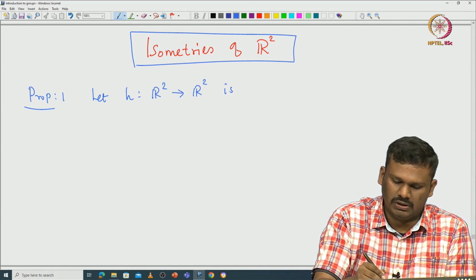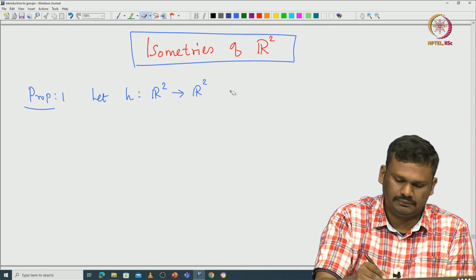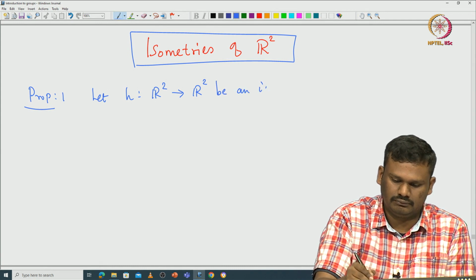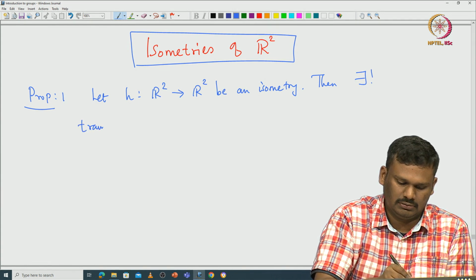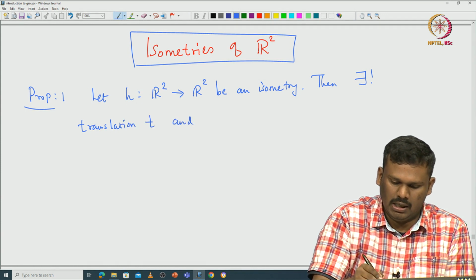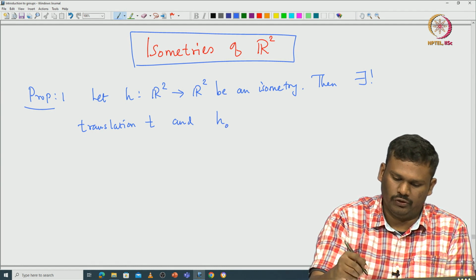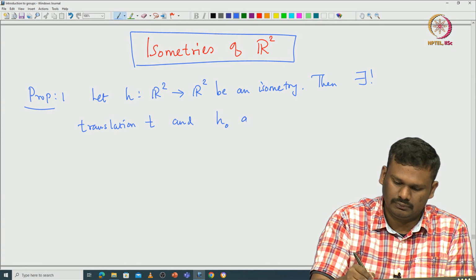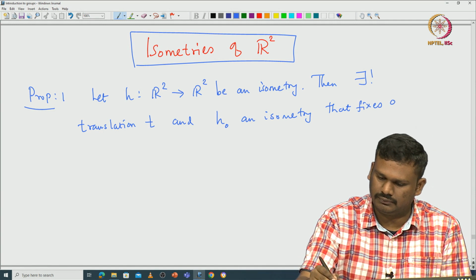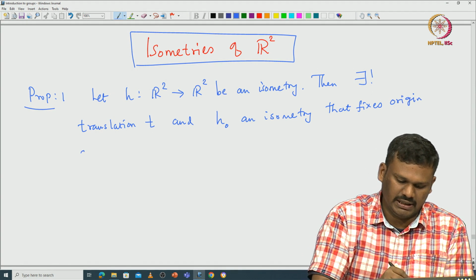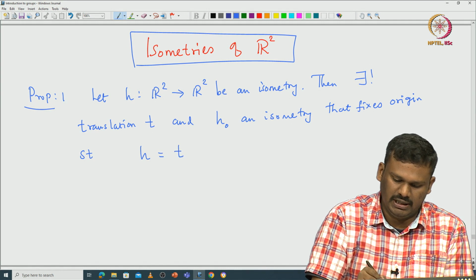Then one can prove there exists a unique translation, call it T, and another isometry H naught that fixes the origin, such that H can be written as T composition H naught.